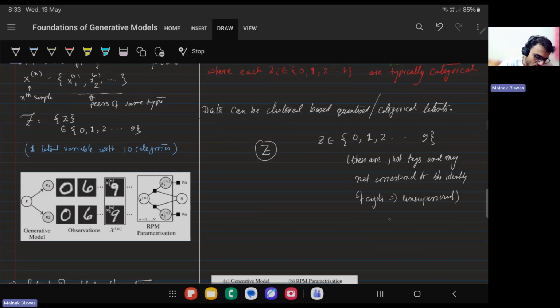What do I mean? I could have ones over here with the tag of 4, so z equal to 4 would be representing ones. I could have 4s over here and z equal to 9 representing them. So a permutation of the z's of 0, 1, 2, dot, dot, 9 will correspond to the actual identities.